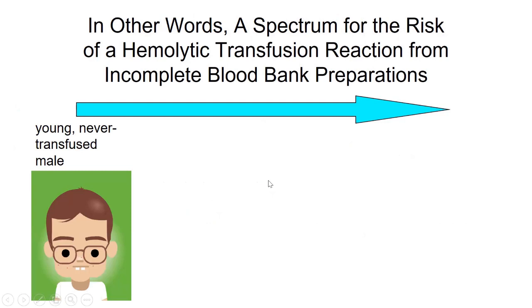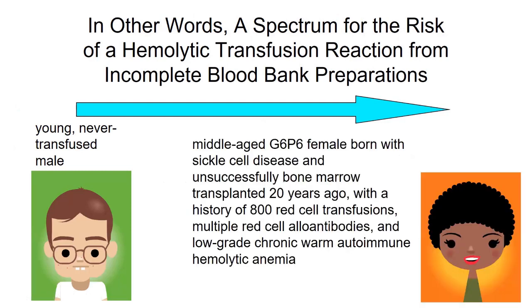If this young, never transfused male is shot next to another gunshot wound victim, a middle-aged G6P6 female born with sickle cell disease and unsuccessfully bone marrow transplanted 20 years ago with 800 red cell transfusions under her belt and multiple red cell alloantibodies and low-grade chronic warm autoimmune hemolytic anemia, clearly the lady on the right is going to be imperiled by her emergency release on cross-match blood compared to the guy on the left, whose odds of having a positive screen are incredibly low, nearly zero.